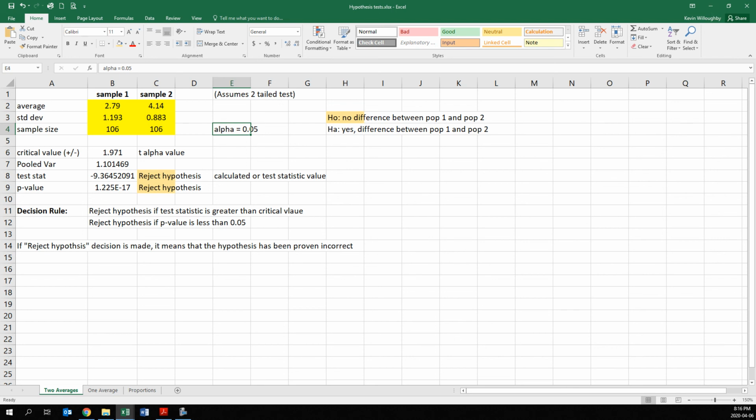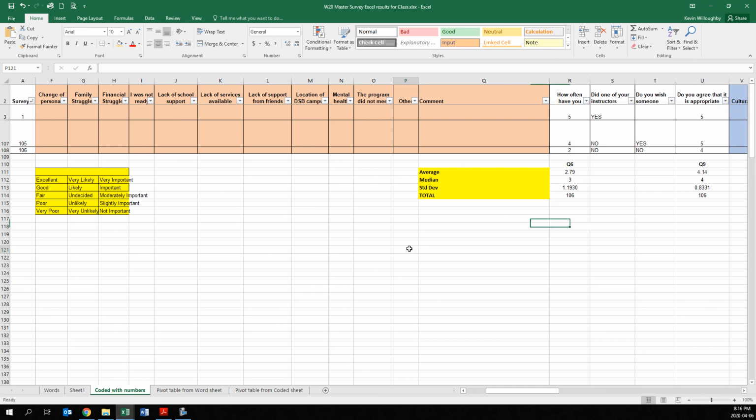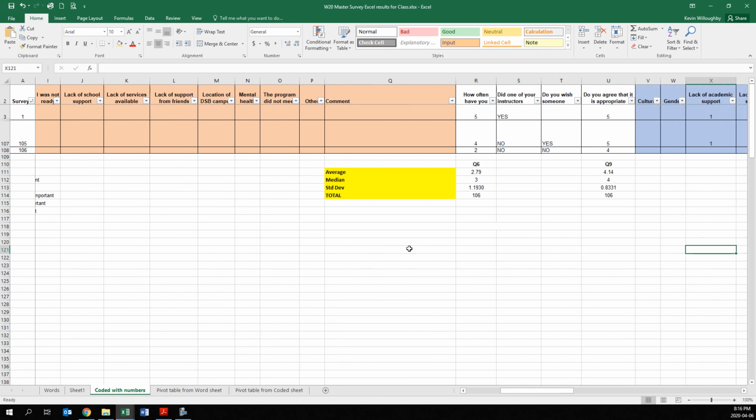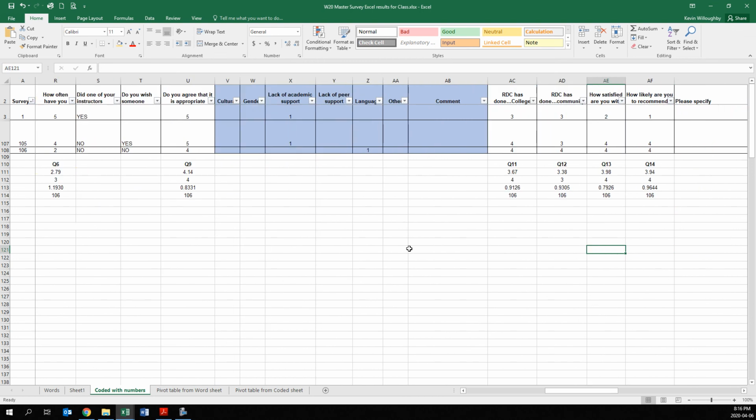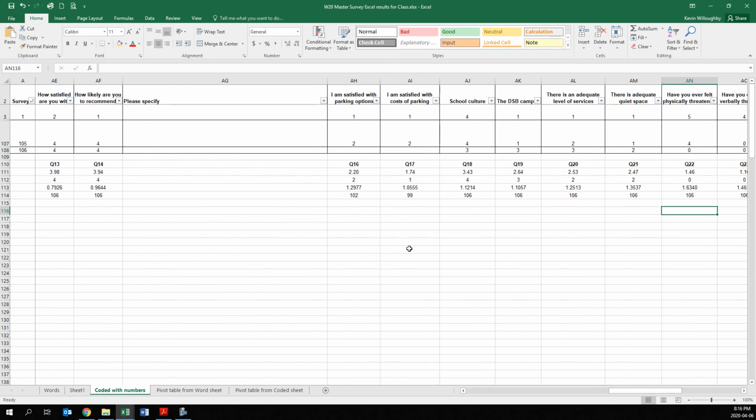Your task is to go into the survey and, based on some of the findings that you have received or that you feel strongly about from your focus groups, interviews, personal stories, preliminary results from the survey, pick a couple of questions. And if you want to do this type of test, you look at two that are significant or that are key in your findings, and you determine if there's an actual significant difference between them.